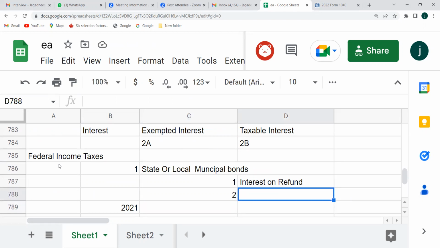And the second point here: if you are getting any gift from the banks, for example in India, there is ICICI Bank. If you open an account with ICICI, they will give some gift. In this case, we need to consider it as interest income only, when it is not exempted.